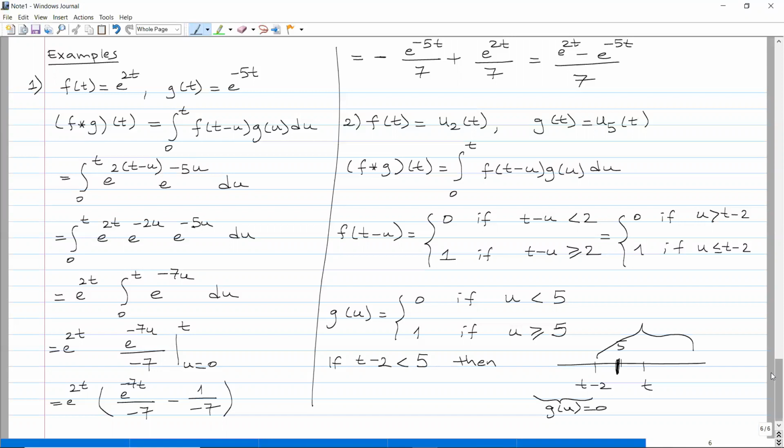From t minus 2 onwards, this is the u axis, by the way, when u is greater than t minus 2, f is going to be 0. So if t minus 2 is less than 5, then the integral is going to be 0.